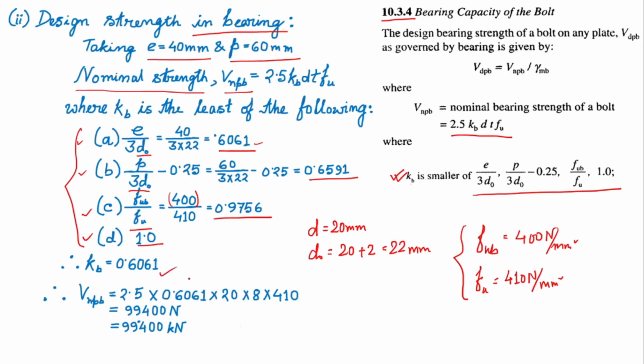So after getting the value of Kb, we shall calculate nominal bearing strength of a bolt, which is VNPB. So 2.5 Kb, then d and t. d is the diameter of the bolt, t is the thickness of the angle, and 410 is the ultimate strength of the plate. So finally it is calculated as 99.4 kilonewton.